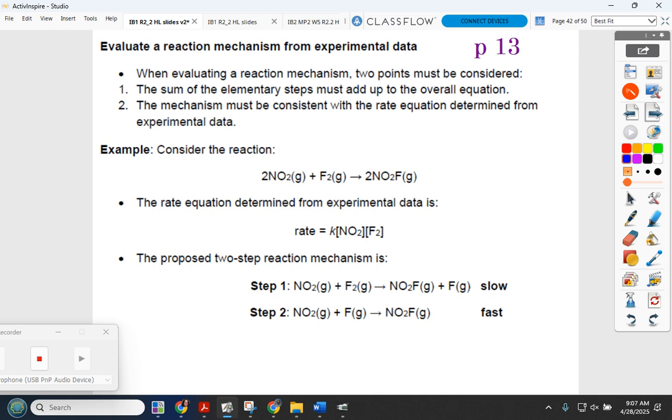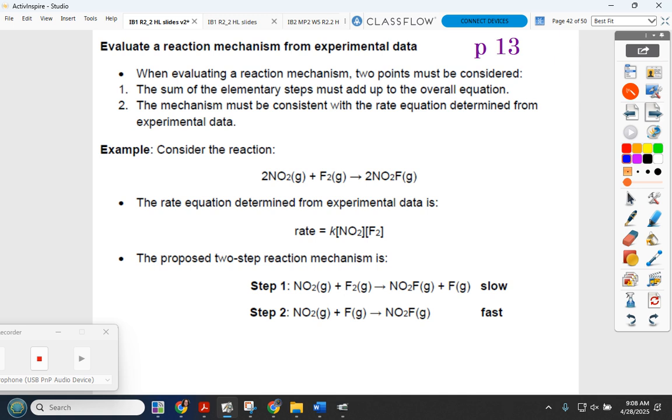And then the second thing is it has to be consistent with the experimental data in terms of the order of reaction with respect to the different reactants, okay? So we have this reaction here. We've got NO2 and fluorine as our reactants, and we do a bunch of experiments, and we say, okay, based on our experimental data, we think that this reaction is first order with respect to each one of those reactants, okay?